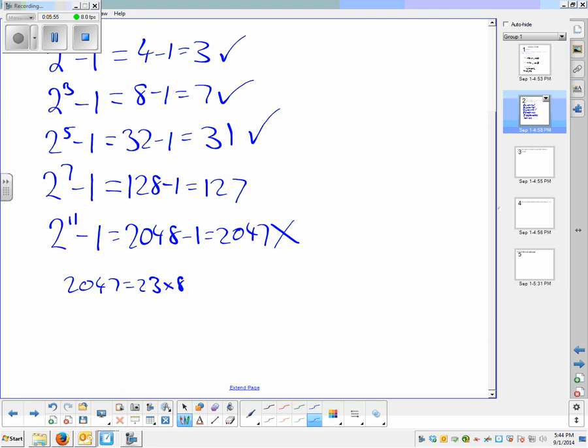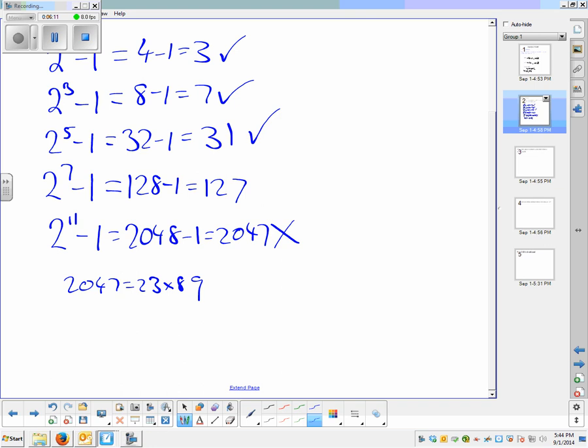And because of that one example, we can disprove the whole statement that 2 to the p minus 1 is always prime if p is prime. So that's counterexamples. You only need one counterexample to disprove something.